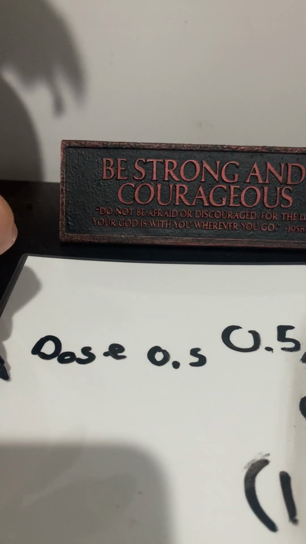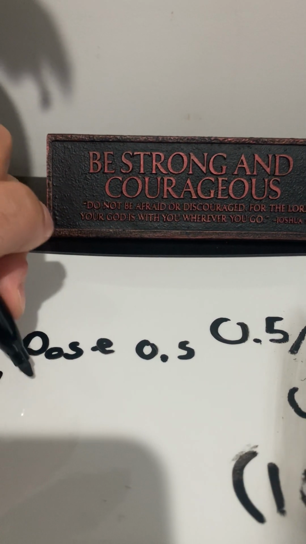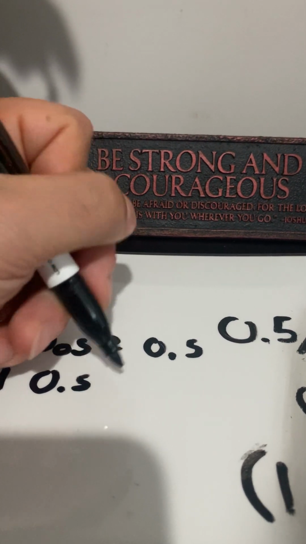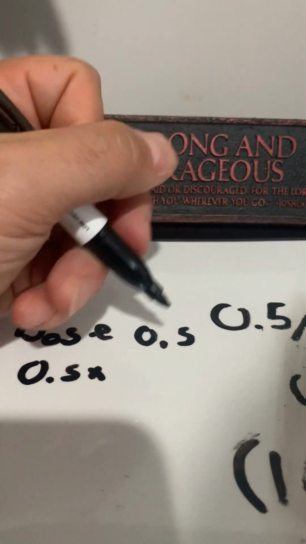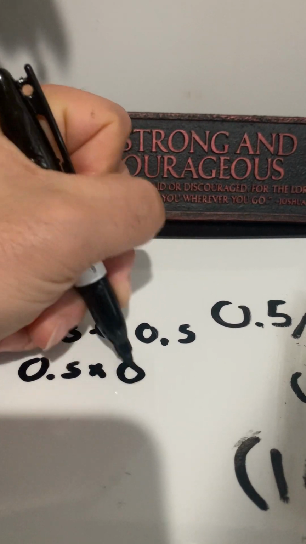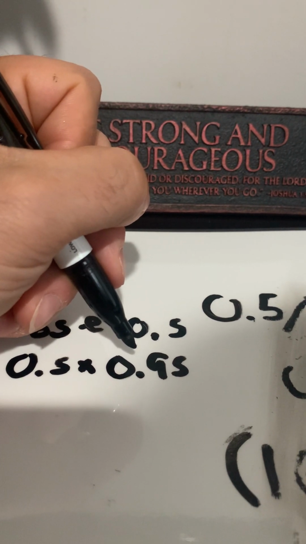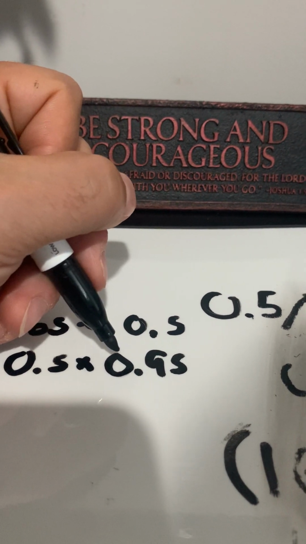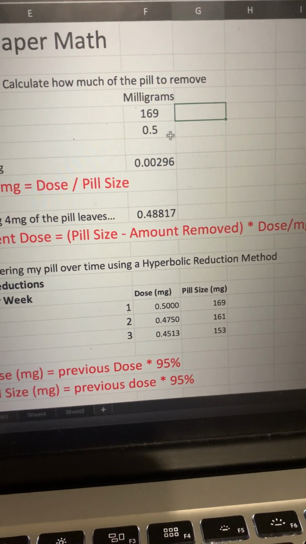For your first taper, you would be doing your previous dose, which is 0.5, times 95% because you're removing 5% of the pill. What I always do, just because of the way that I think, is I do 0.95, because 100% take away 5, subtracting 5% from that, would give you 95%. So 0.5 times 0.95 should give you 0.475.